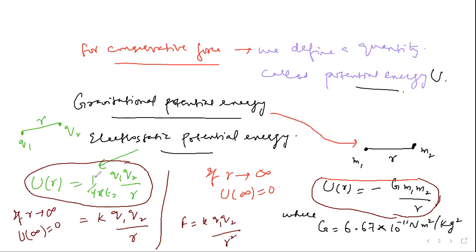How to get that expression? You have to use this expression, 1 by 4 pi epsilon naught Q1 Q2 by R, for each unique pair of charges. So it will have three terms.